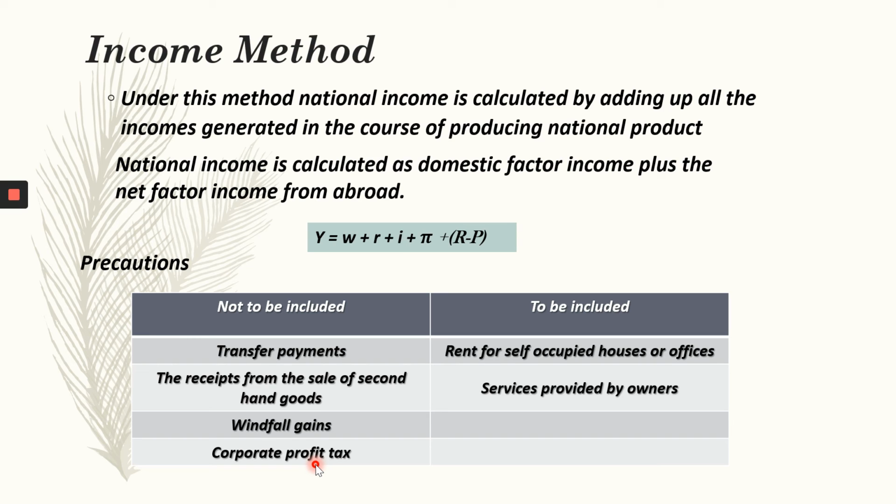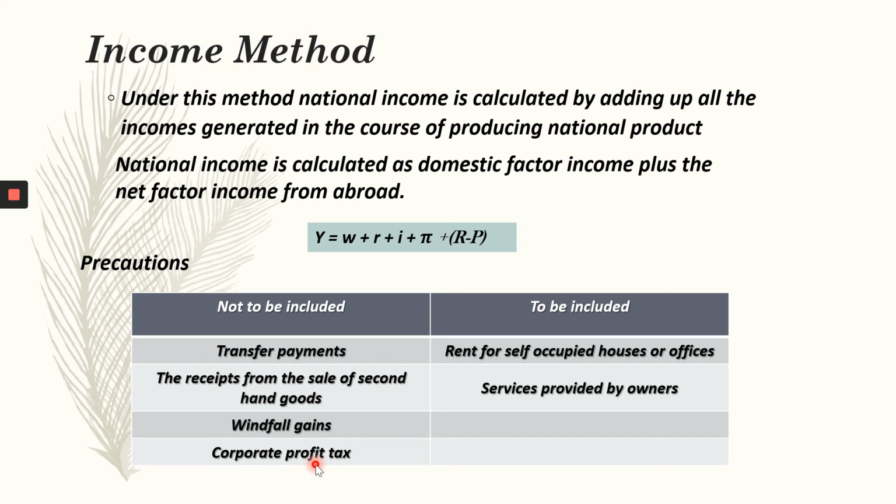This is called corporate profit tax. Corporate profit tax should not be separately included, as it has already been included as a part of the company's profit. So it cannot be counted again. So these are the items which are not to be included in the national income.